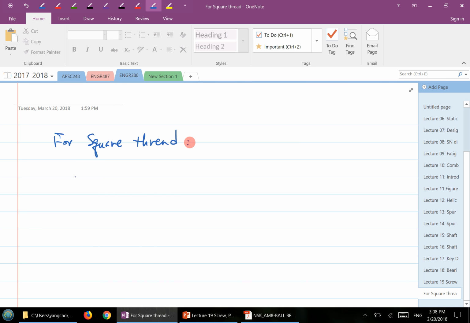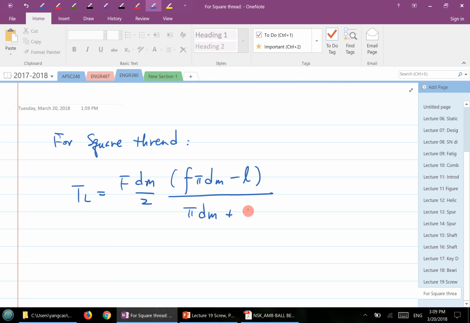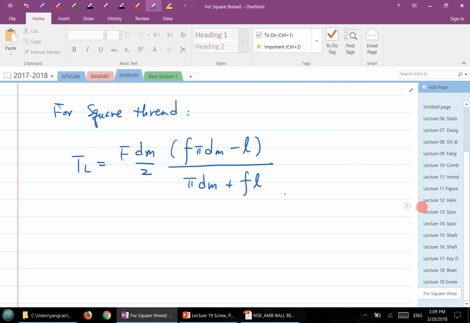For a square thread, the TL will be F times dm over 2, times (F pi dm minus L pi dm plus FL), in terms of the lead. So without friction, the TL to lower the load is this much here.